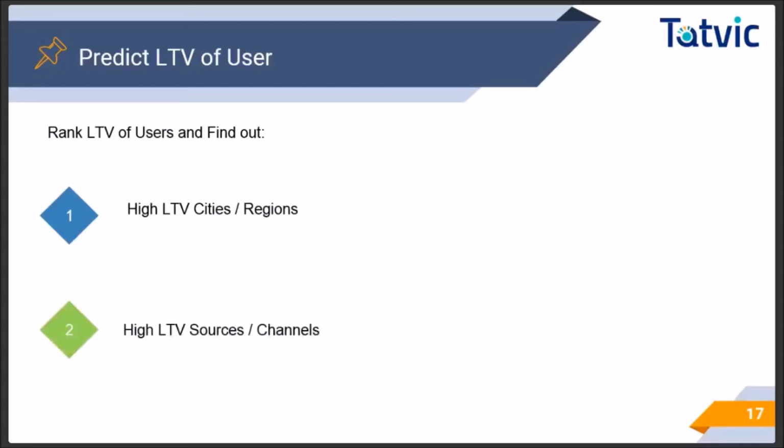Similarly, we can do it for source medium. Say Google Organic is a higher LTV segment, then you should probably put in more bidding amount for anybody who is arriving from Google Organic, so that they return more, they do more frequent transactions, and the average order value is quite high also.